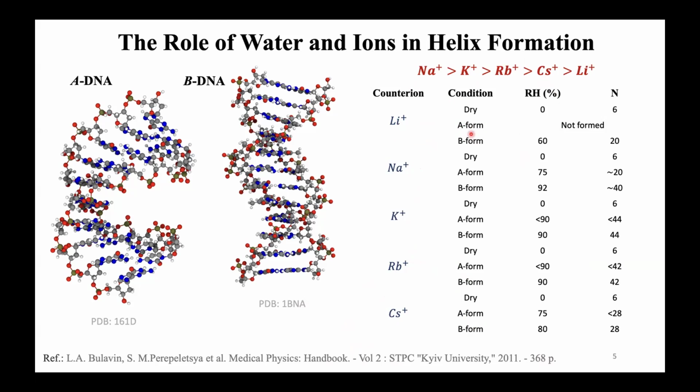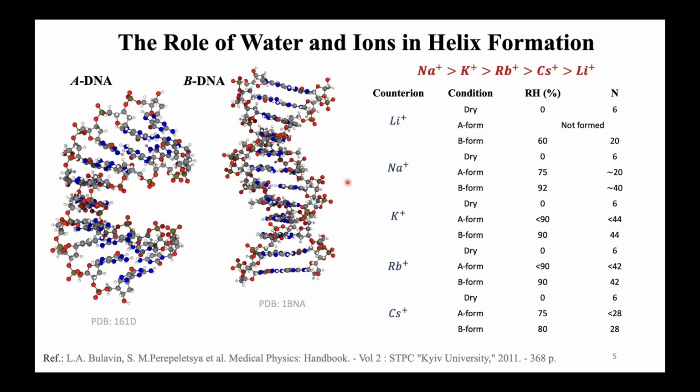showing the condition of DNA, A or B form or a dry sample, and the last column showing the relative humidity and the number of water molecules per base pair which are required to form some of these conformations of DNA.